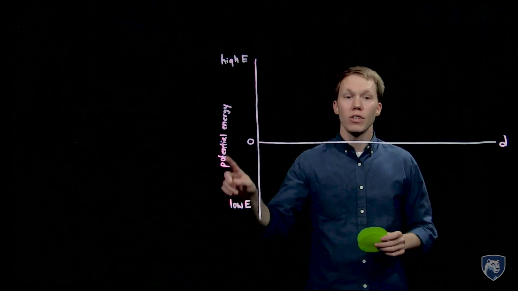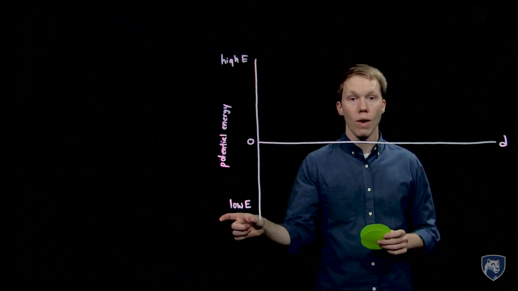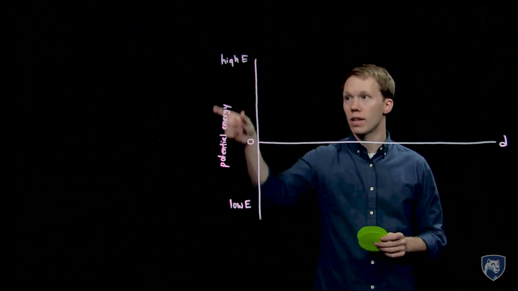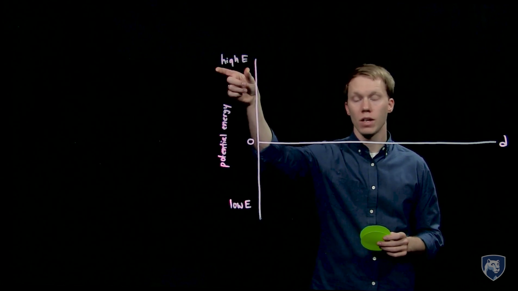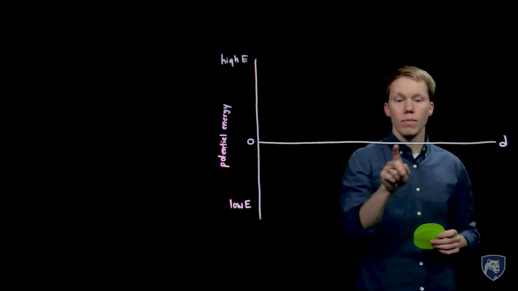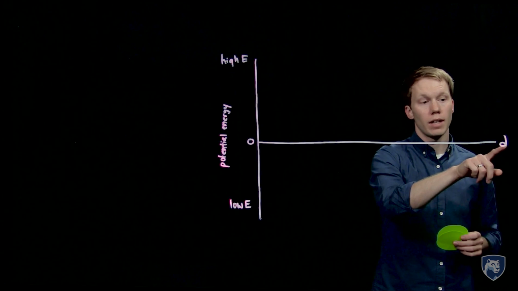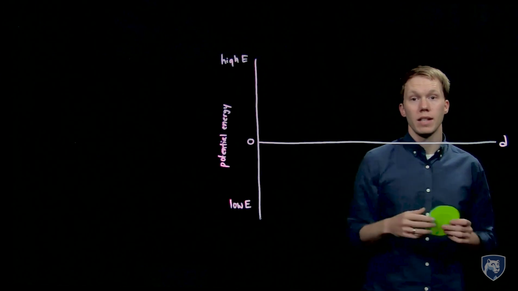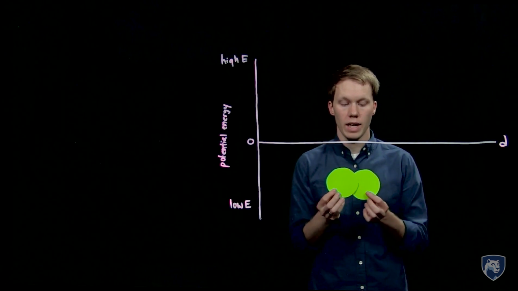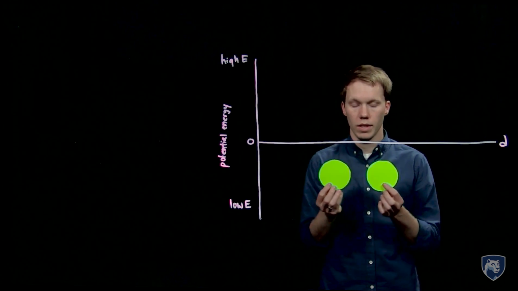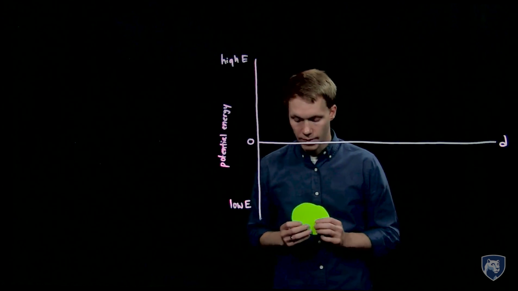We have potential energy on the y-axis, and we'll have a low energy being negative values and high energy being positive values. We have our 0 mark here, and on my x-axis I have the distance. Could be denoted as an r here to indicate the radius, the distance between these two atoms.